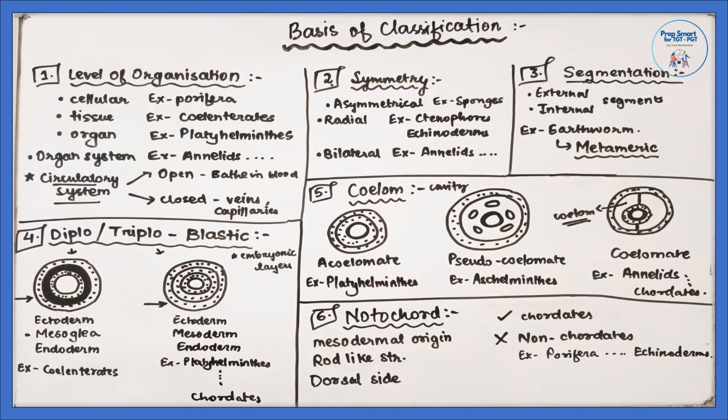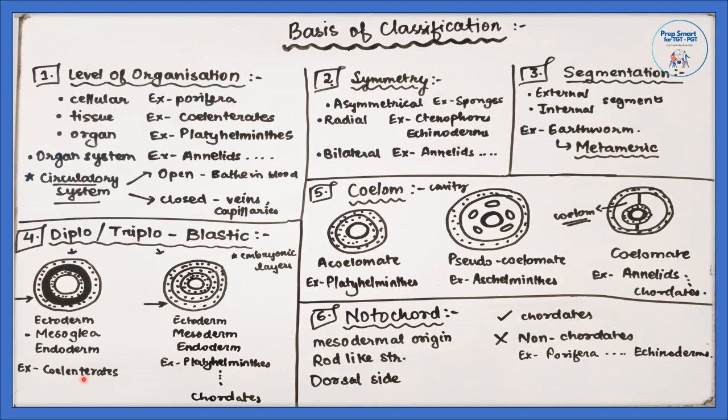In diploblastic, the embryo is two-layered, consisting of an outer ectoderm, an inner endoderm, and in the middle mesoglea is present. Here in the diagram we can see the outer portion is ectoderm, in between is mesoglea, and the inner portion is endoderm. So there are two germ layers present, and the classification is diploblastic.